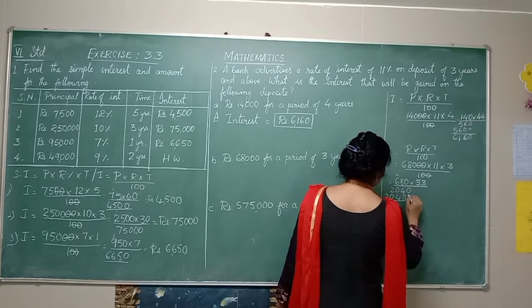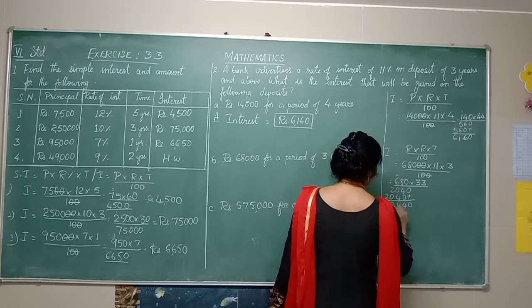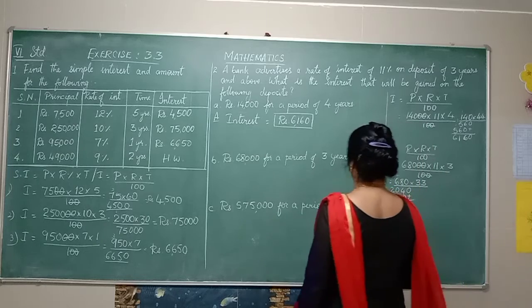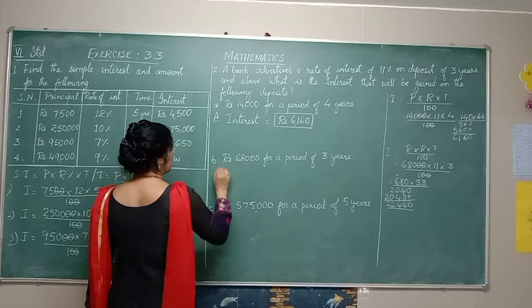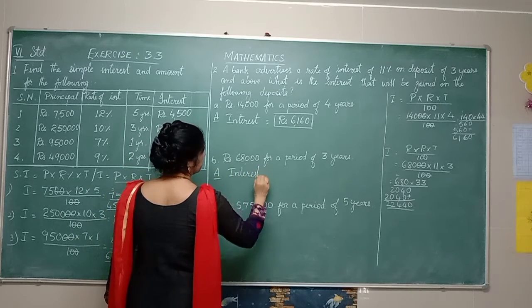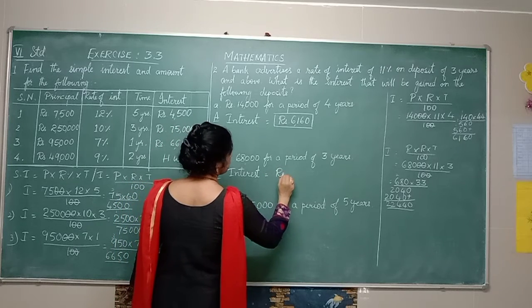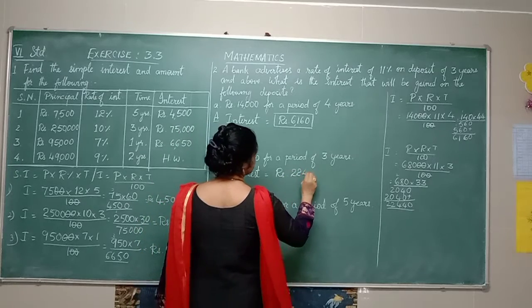So you get 0, 4, 4, 2 and 2. So it is how much? 22,440. In this case the interest is equal to rupees 22,440.